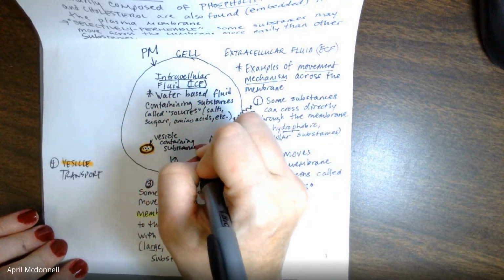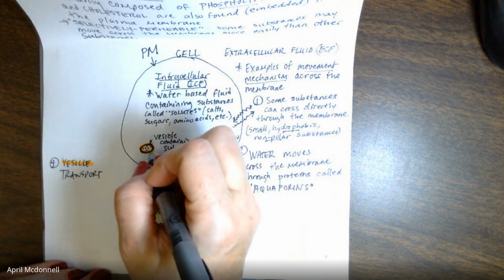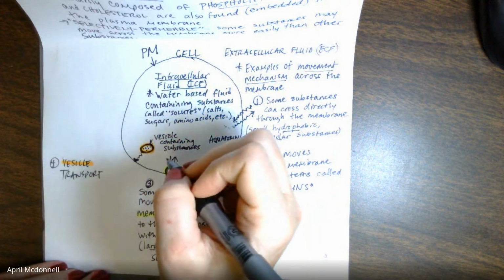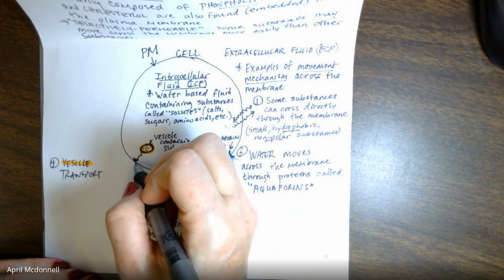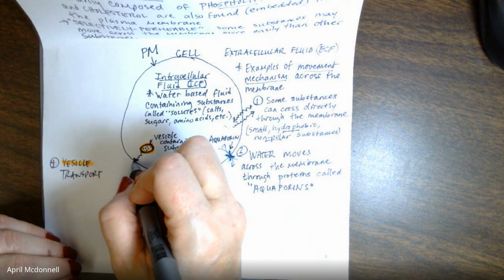This could be various different types of substances, and I will give an example later on in the presentation. What happens is that the vesicle will fuse with the membrane, and then basically that fusion is going to allow the substances to exit out of the cell.